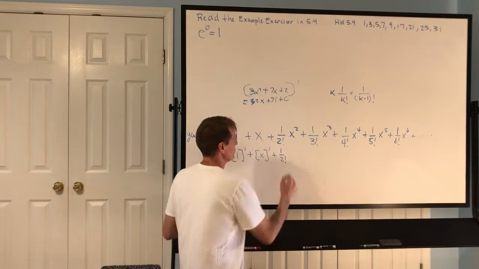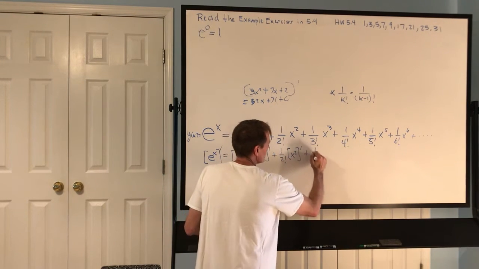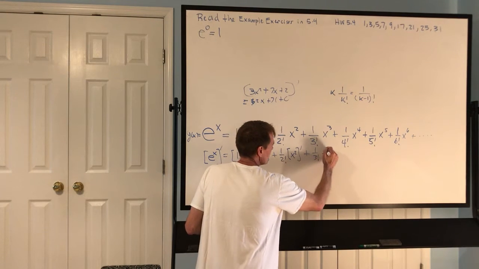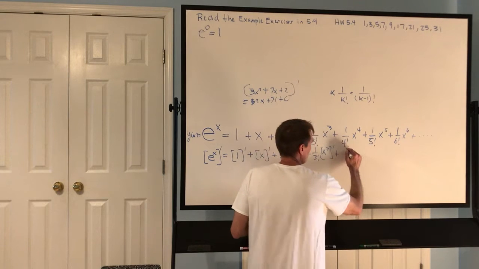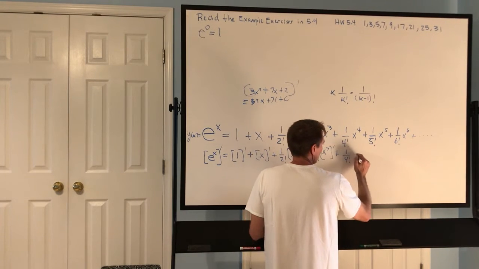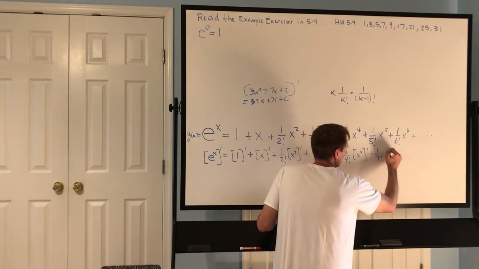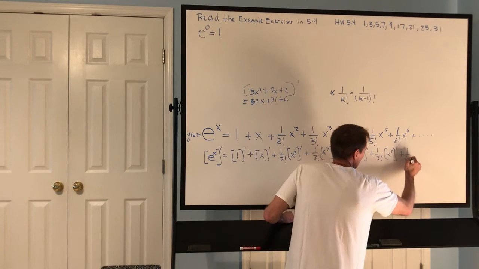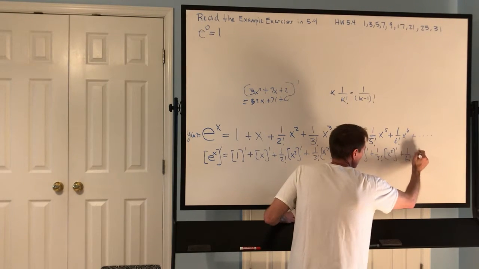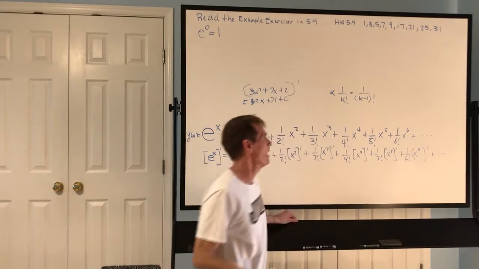Now, I want the derivative of x squared. The derivative of x cubed, and this is just going to keep going on forever and ever. I'm regretting putting the 6 here because it's more work. Okay, so that keeps going on forever and ever and ever.